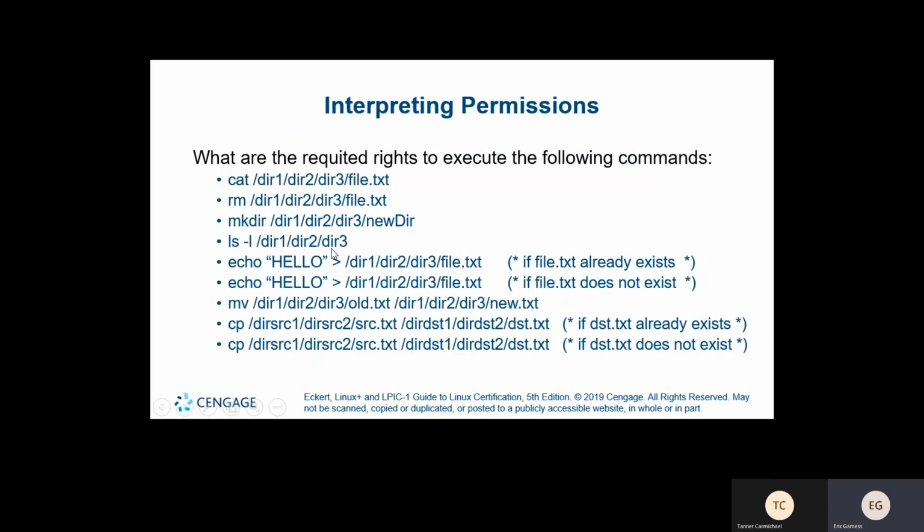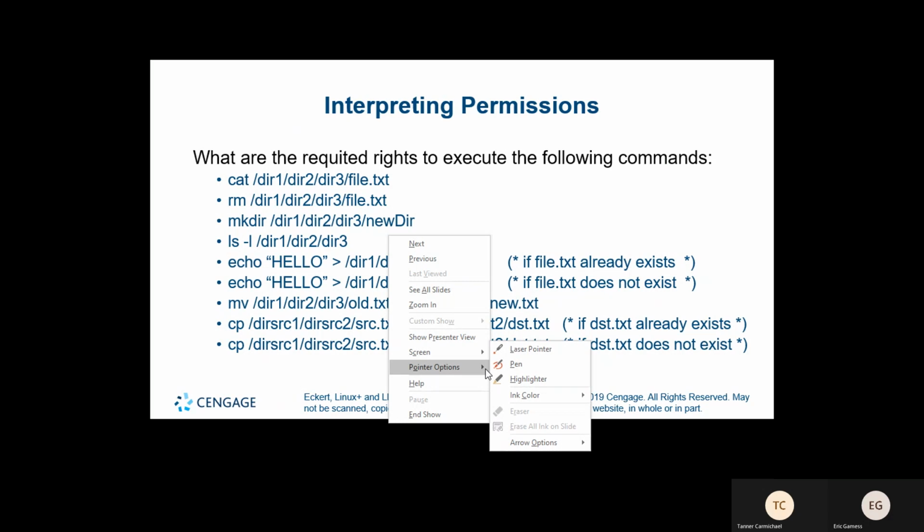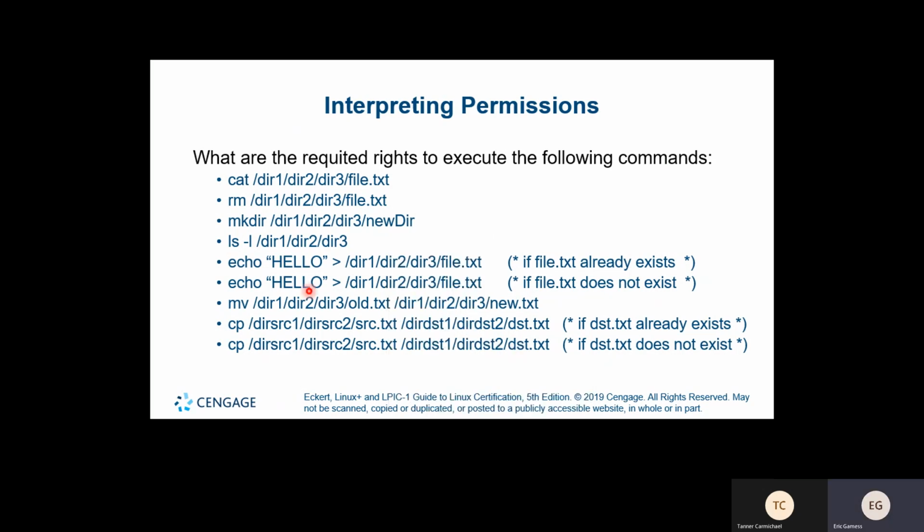Okay, I need a listing of directory 3. What right do I need to get a listing of directory 3? So what right should I have on directory 1? On directory 1, I just need X. What about directory 2?